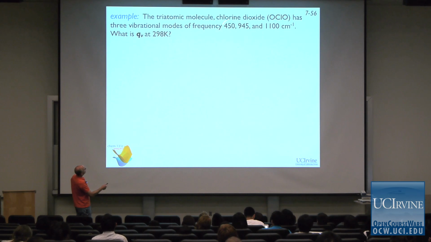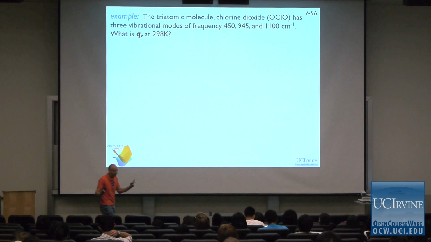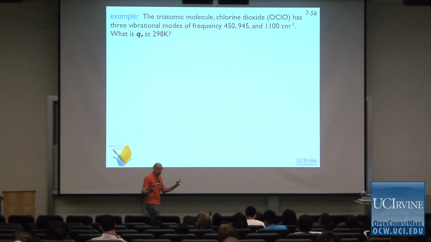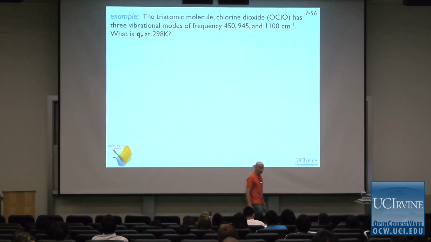What is the lowest energy vibration here? 450. So we want to keep that in mind, because what do we expect the partition function to be here, just looking at this problem before we calculate anything?